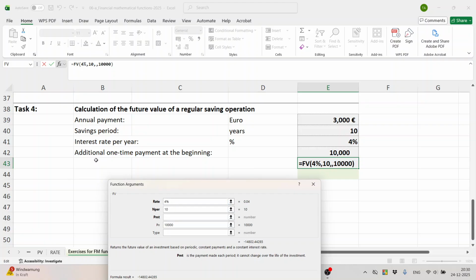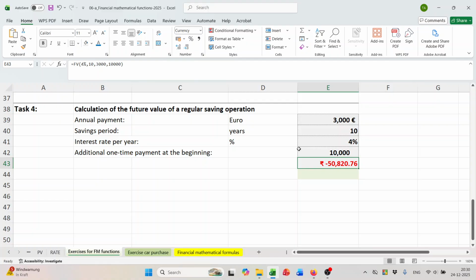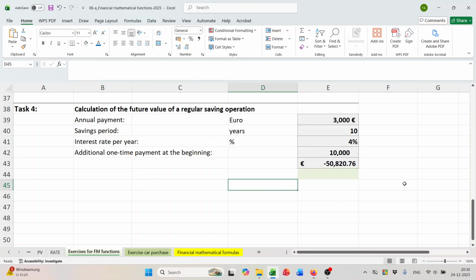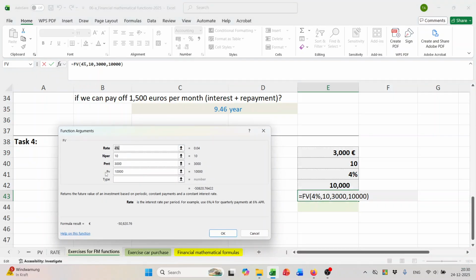and PMT, we are paying 3,000 euro per year. We have to convert into euro. Sorry, the payment should be minus because we are giving away this money.